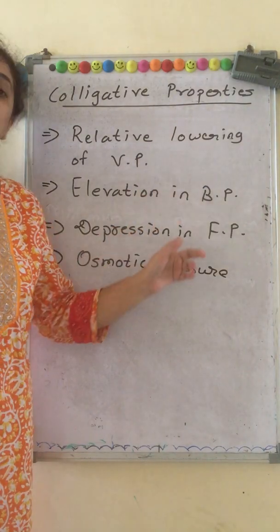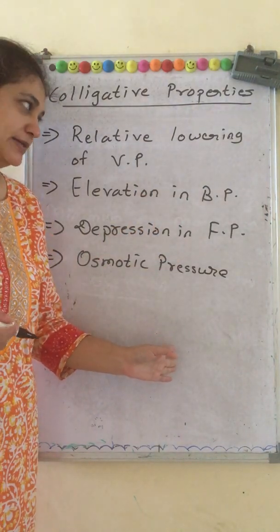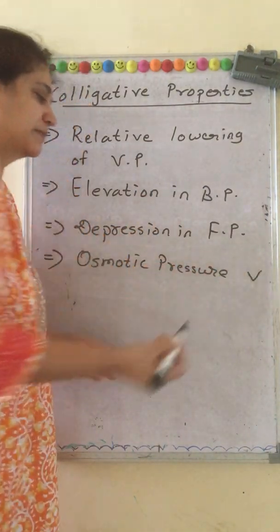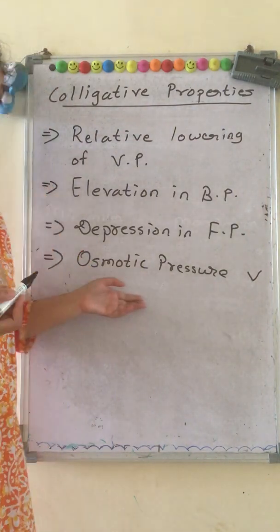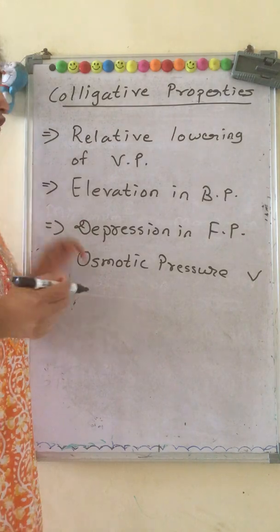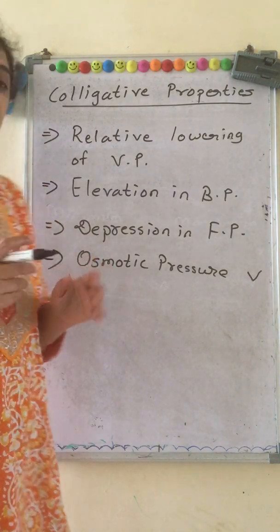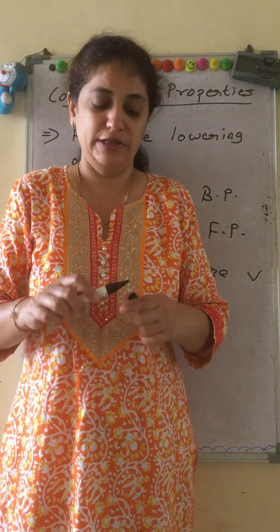All these 4 are examples of colligative properties, of which osmotic pressure is much important because it is a more reliable colligative property than others. So one by one we will study all of them in next videos. Thank you.